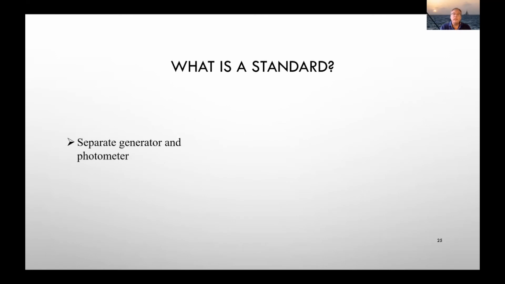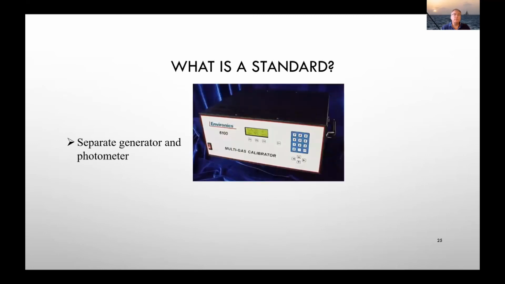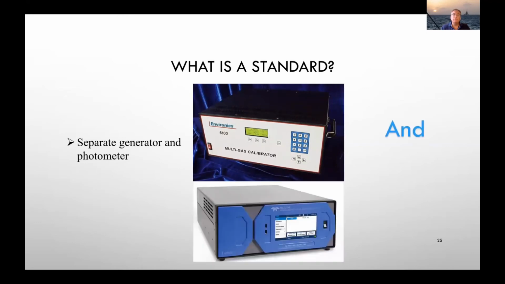These can be in a couple of different configurations. You can have a separate generator and a photometer. This is an Environics 6100, and it's a generator-only device. It can be paired with a photometer like this Teledyne T400.